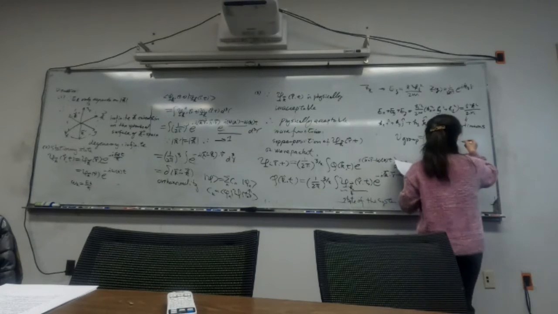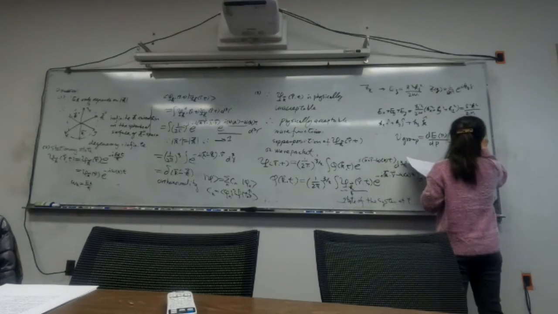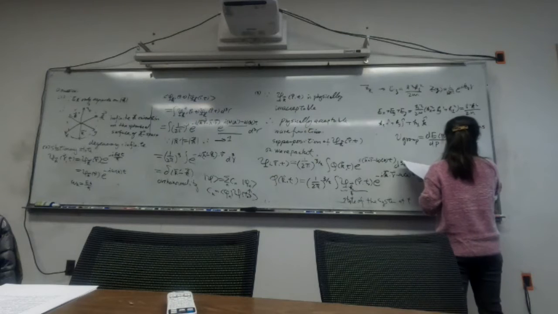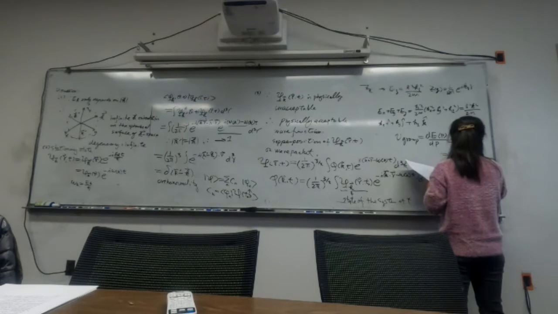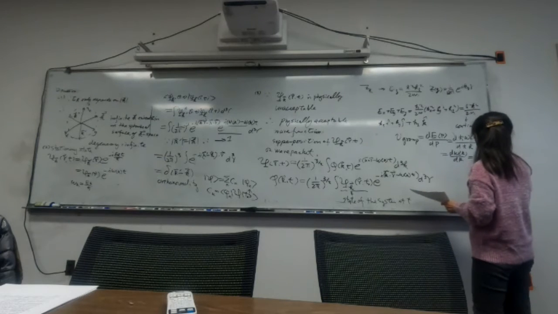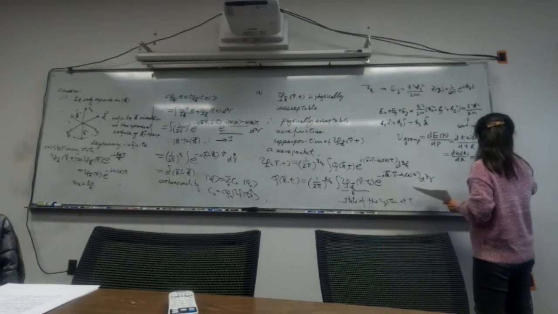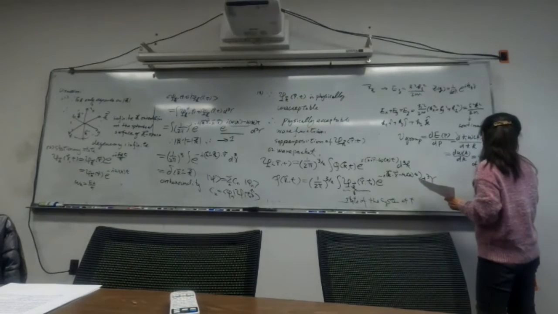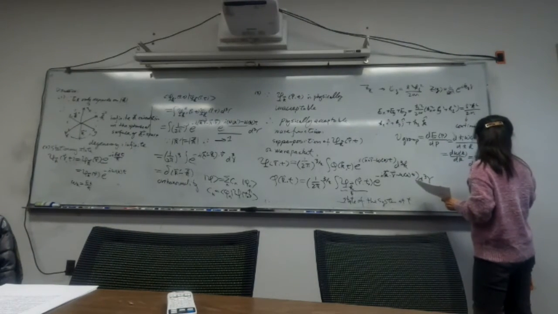The energy is h bar omega, and p is h bar k, so that is d omega over dk. That is the group speed, and this equals the classical speed of the free particle.